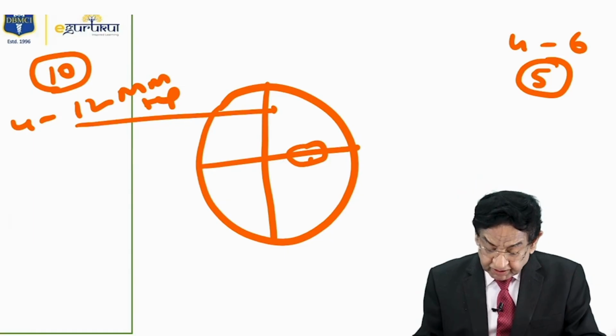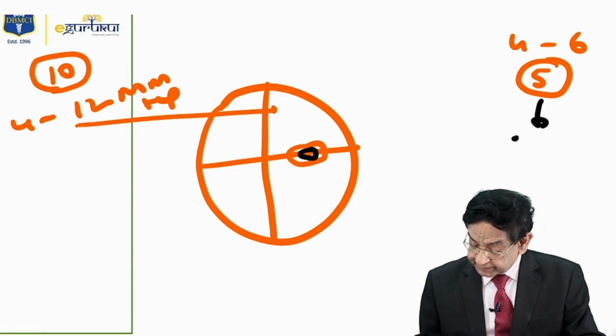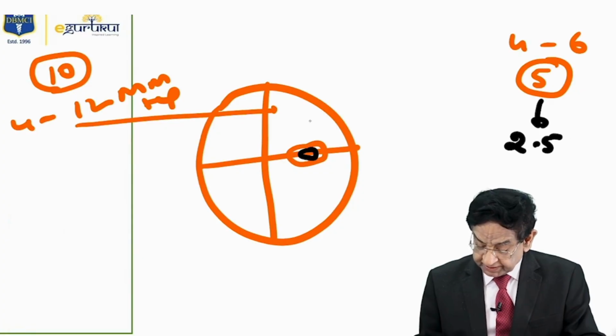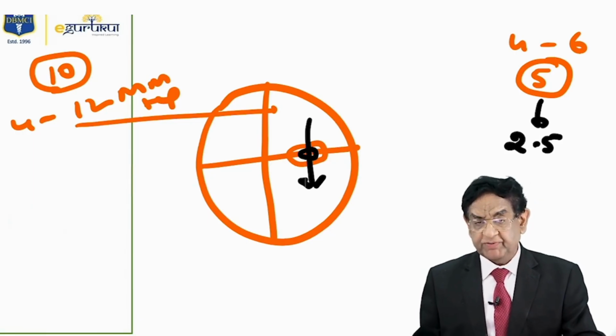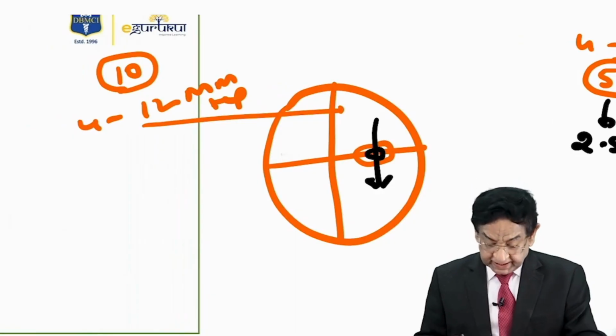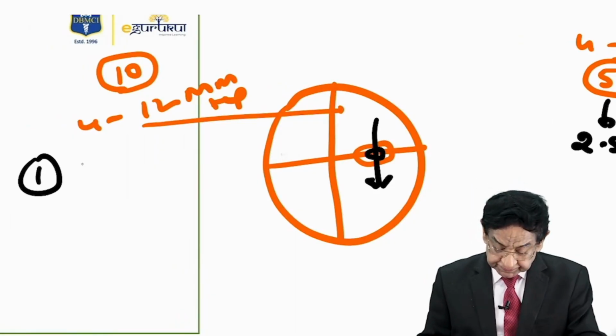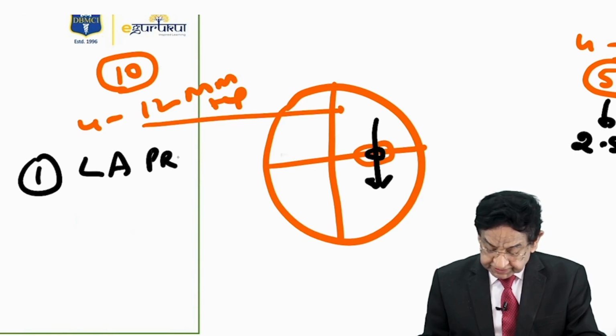Once the area of this goes to 2.5 square centimeter, blood will not be able to flow freely from LA to LV. So in that case, LA pressure will rise.